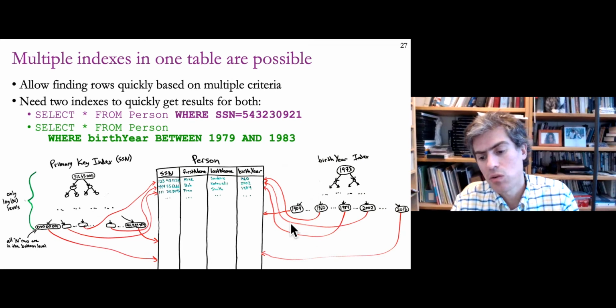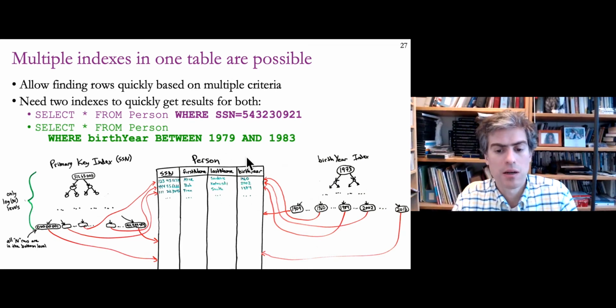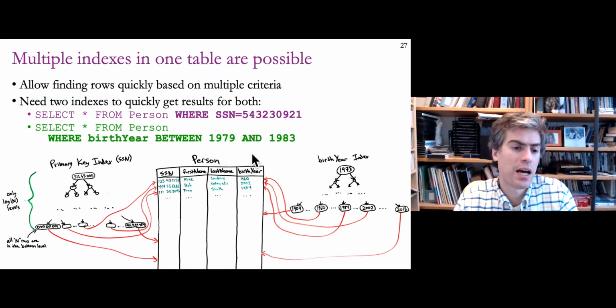So using either one of these columns, we can efficiently find entries, in log n time. The first query is select star from person where social security number equals blah. So the where is a filtering. This is going to be a fast query because there is an index available to find particular social security numbers.